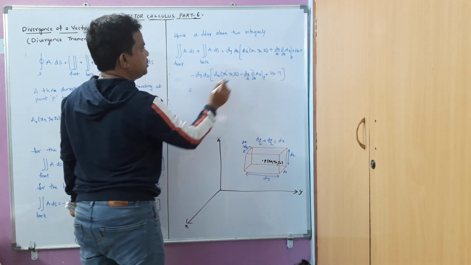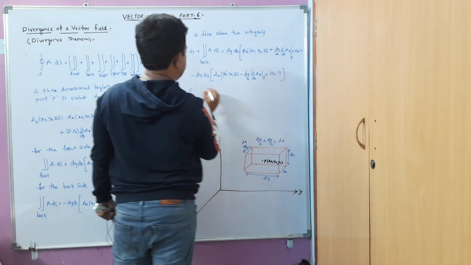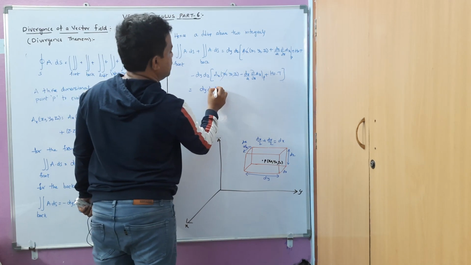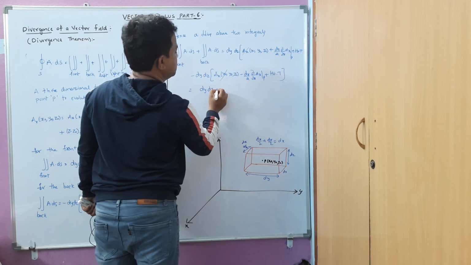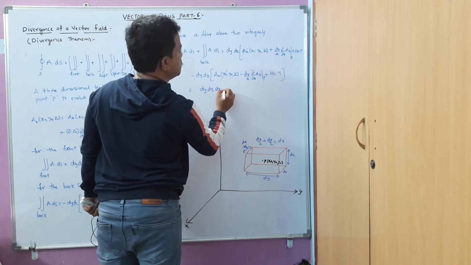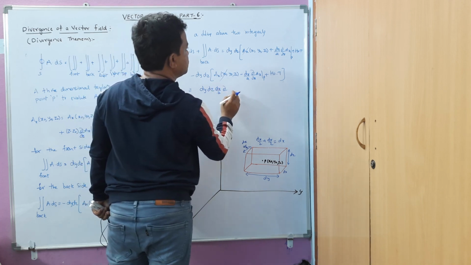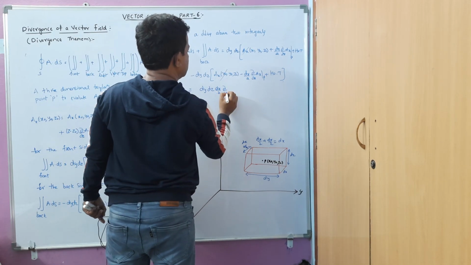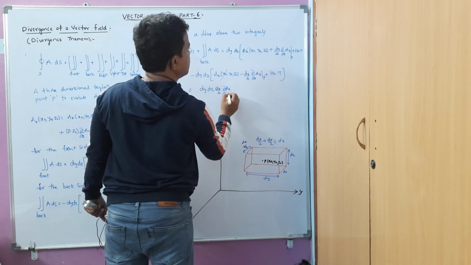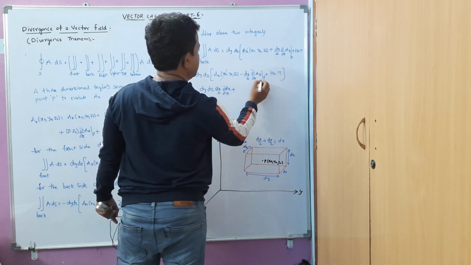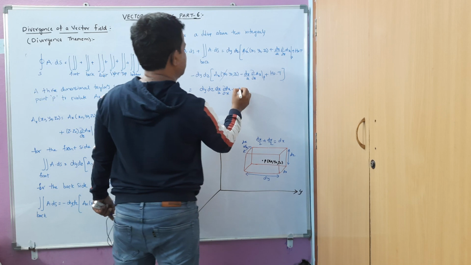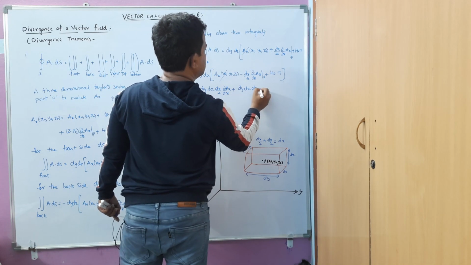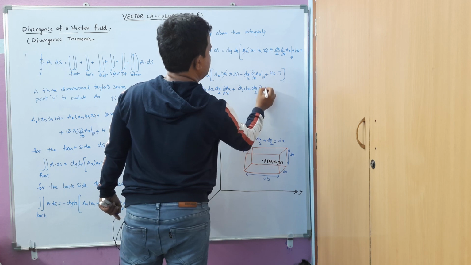So what I get here is dy dz into dx by 2 into dou Ax by dou x, plus, since minus into minus is plus, dy dz dx by 2 dou by dou x of Ax.